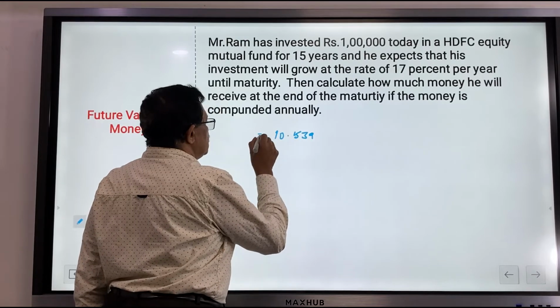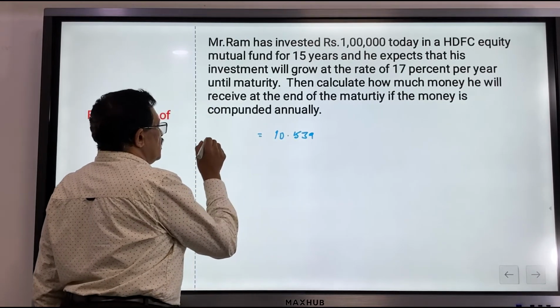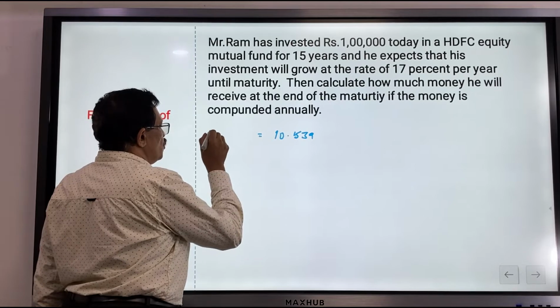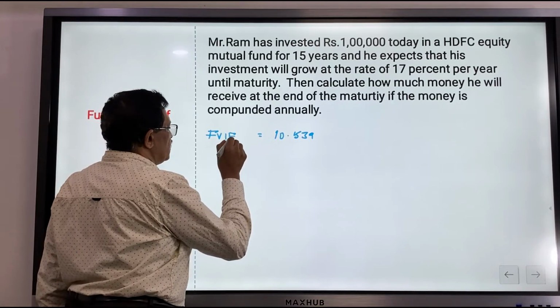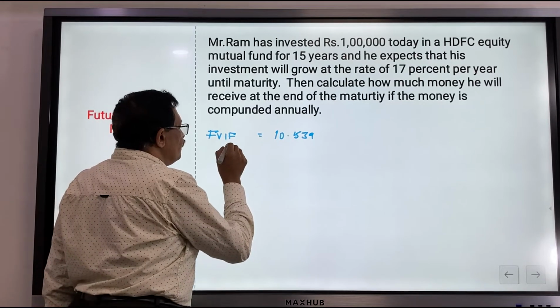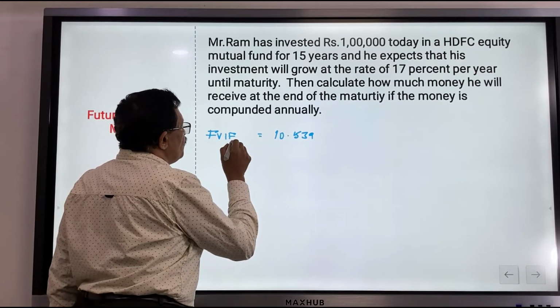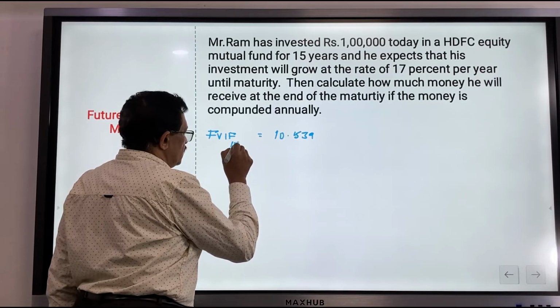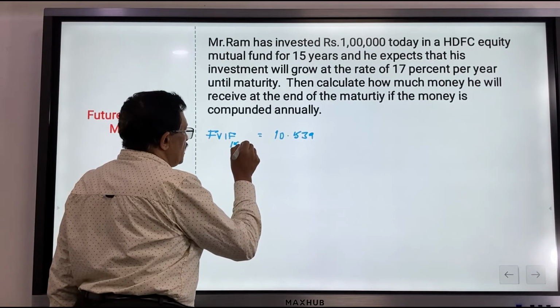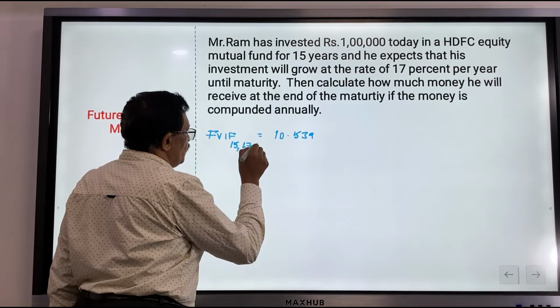I said that it is the future value interest factor for 15 years and 17%.